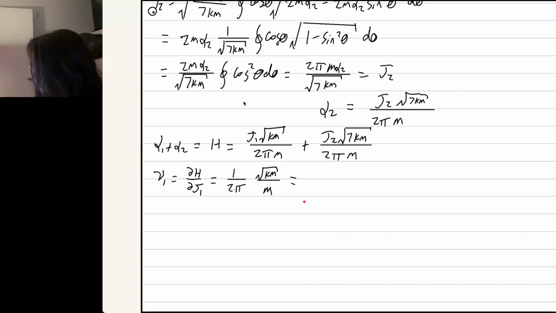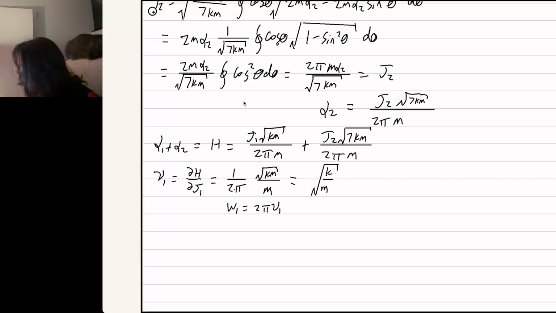Which you can turn into an angular frequency. So this is currently a linear frequency. If you want to turn it into an angular frequency, you can. That's just going to be multiplying it by 2 pi. Omega 1 is equal to 2 pi nu 1. So that's just going to be, simplifying the radical terms, root k over m. Hey, that's pretty familiar. That's just the eigenfrequency for the regular harmonic oscillator. That's omega.